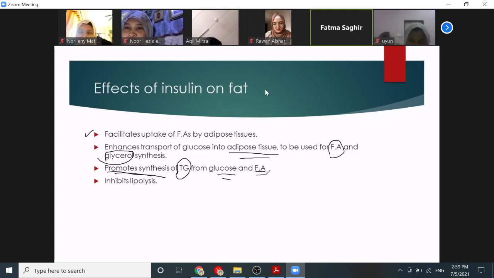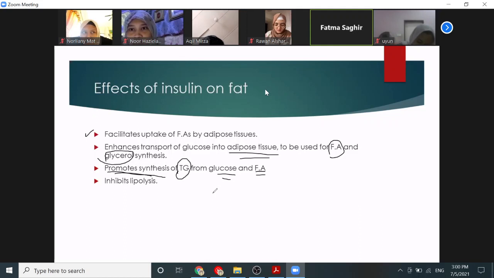From fatty acids, of course we know, but from glucose, from function number 2, we know that adipose tissue uses glucose to produce fatty acid and glycerol. So those fatty acids and glycerol will be used in producing triglycerides.